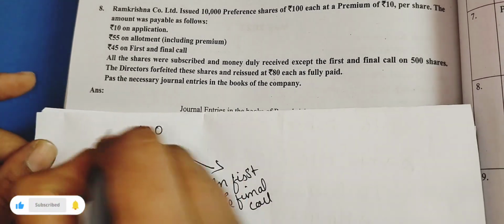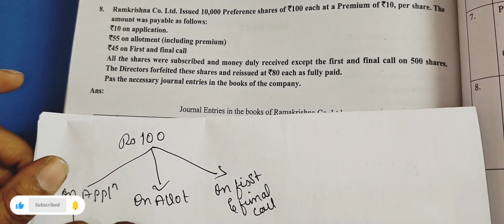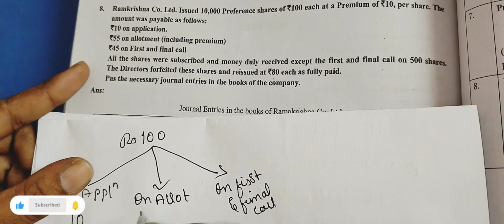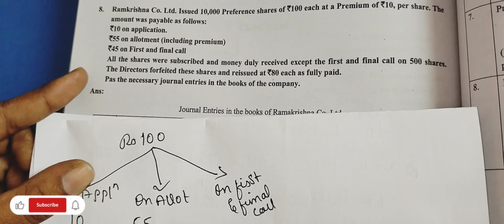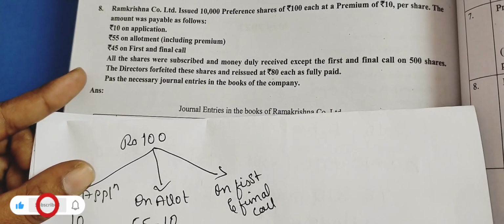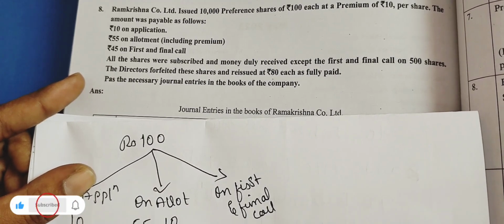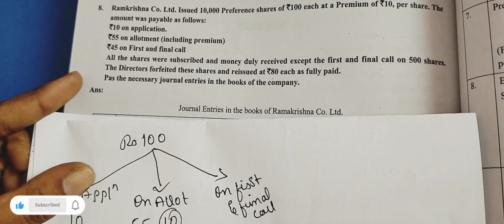Now, the rupees 100 is the face value that has been divided as rupees 10 on application, and allotment that includes 10 rupees of premium also. So 55 minus 10 is 45, that is the allotment money, and 10 is the premium.